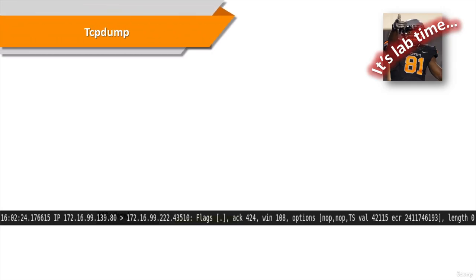Now, before running several TCPDump commands, let's examine the fields of a typical TCPDump output row. The row shown in the slide is a TCP packet. The first field is the time when the packet arrived, with a timestamp as hour, minute, second, and the fractions of a second.